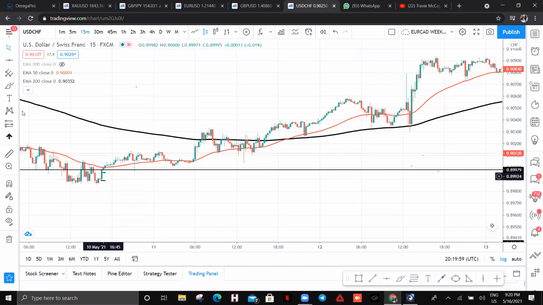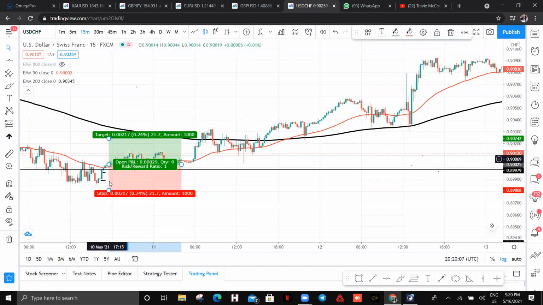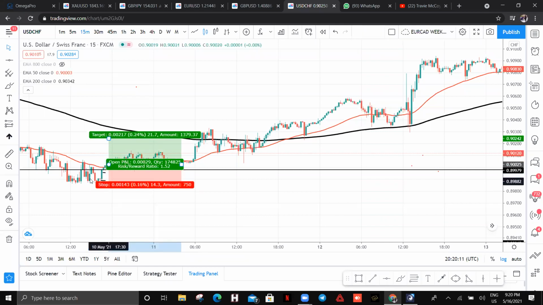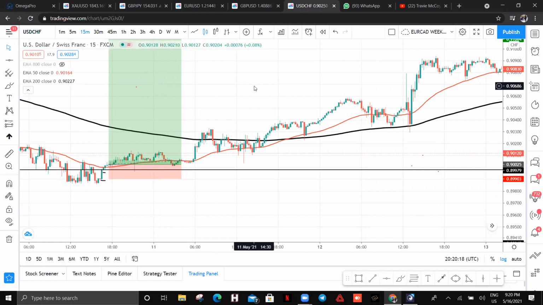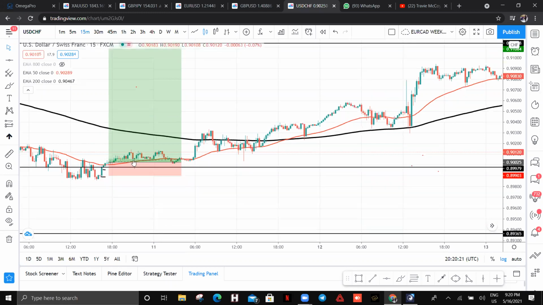Let me use the long position ruler. Let's say you enter this trade from here and your stop loss was this big candle, and your take profit is this. You can imagine your risk to reward is actually mind-blowing.